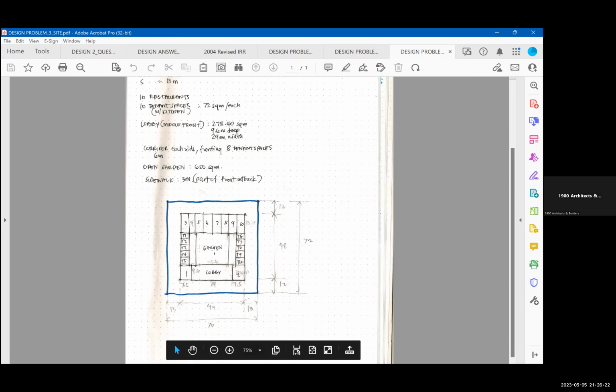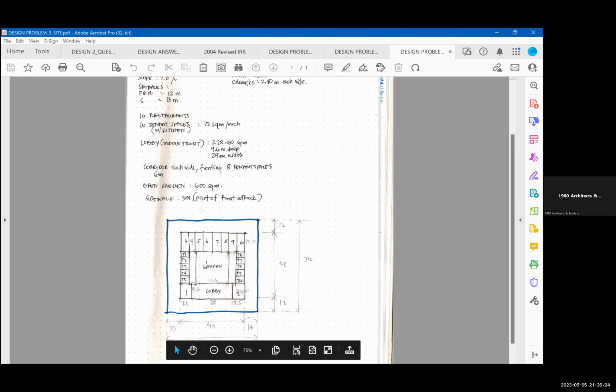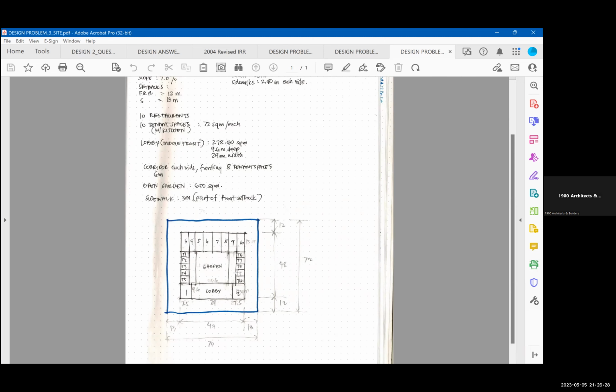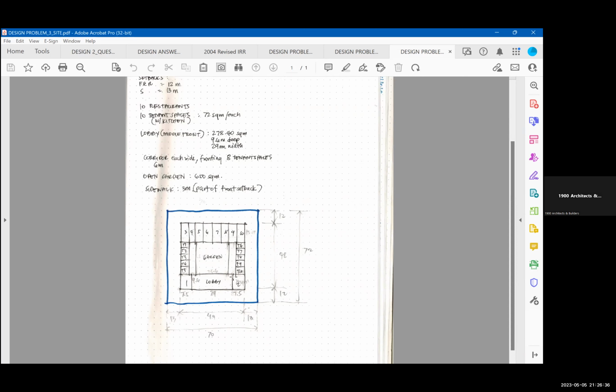So, okay, internally, this is how I understand, dun sa given time na binigay sa akin. So, meron daw 10 restaurants, right? And then, meron daw lobby. Yung specific siya dun sa area. Nakuha ko yung area ng lobby. So, may 9.6 depth. Nasa middle siya. Middle front. 9.6.